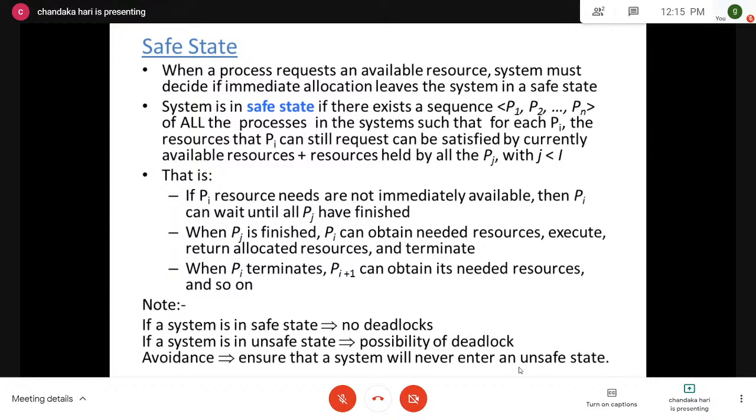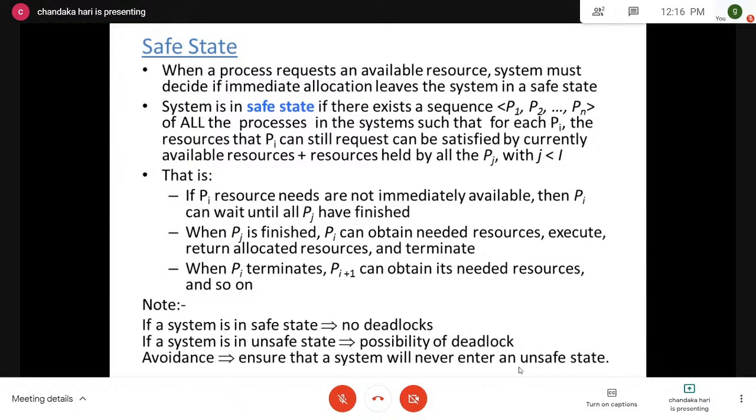The system is in a safe state if there exists a sequence P1, P2, and so on up to Pn in such a way that after executing P1, whatever set of resources is available should satisfy P2. After executing process P2, whatever resources are available should satisfy process P3, and so on.